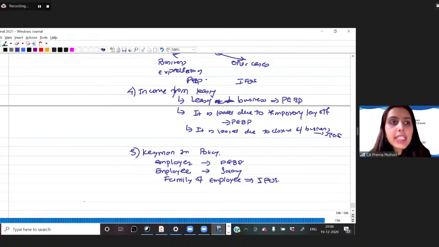So in this case, it was a case of Henkel's pick assessee. Also, a similar case was Sri Rama Multitech Limited.